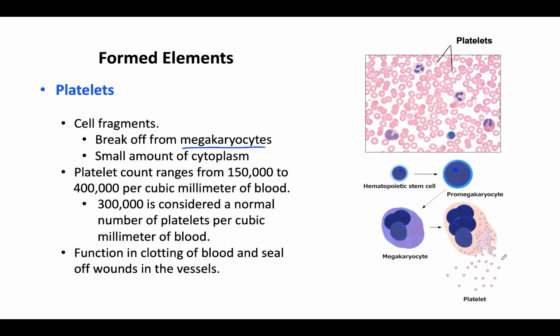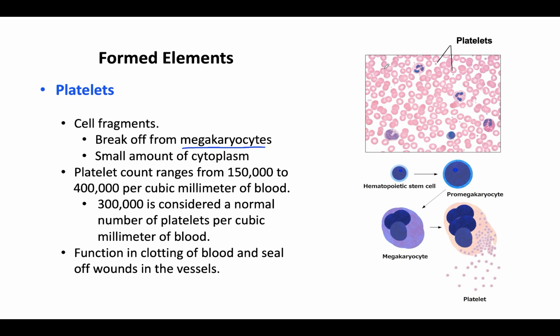So a small amount of cytoplasm is enclosed by membrane. This cell fragment is surrounded by plasma membrane and a small amount of cytoplasm is inside. Once pieces of cytoplasm split off and become cell fragments, they enter the bloodstream as platelets.